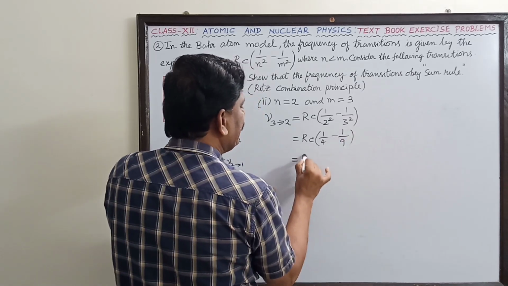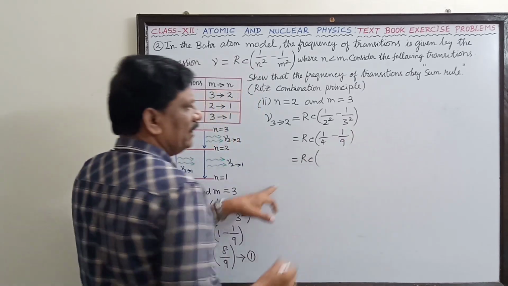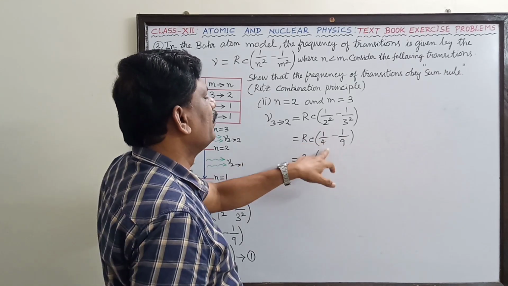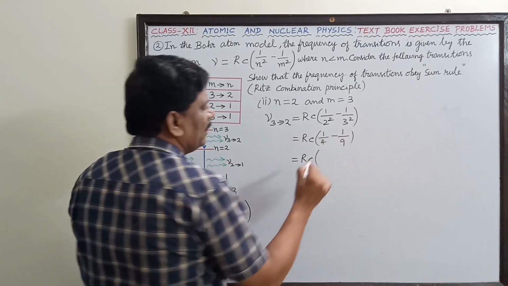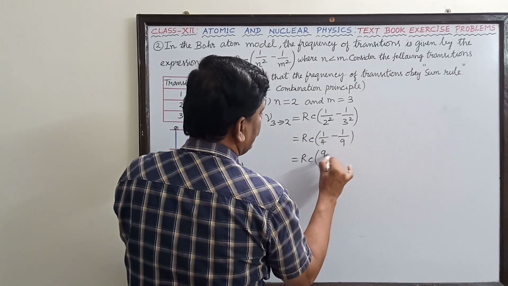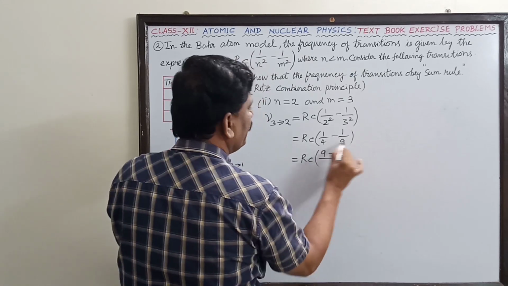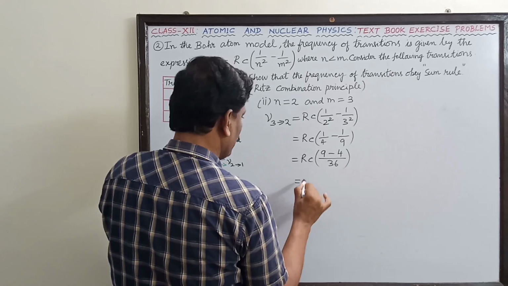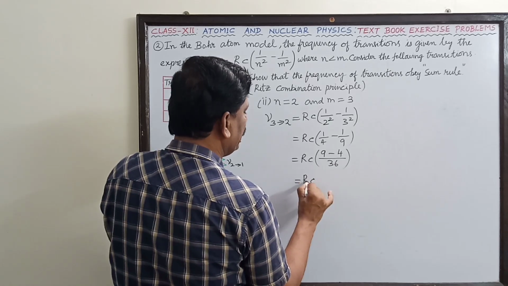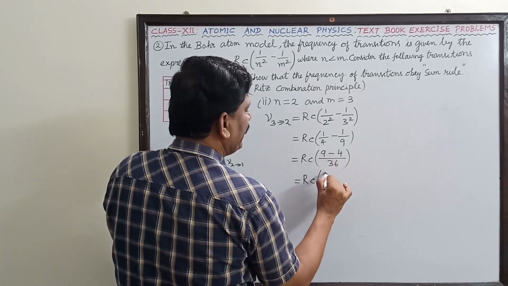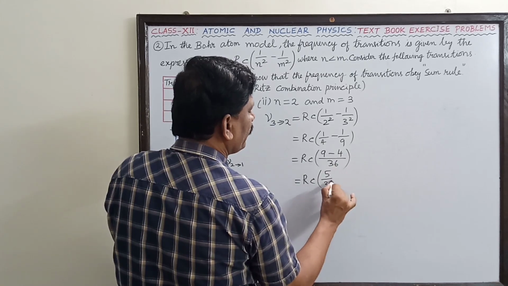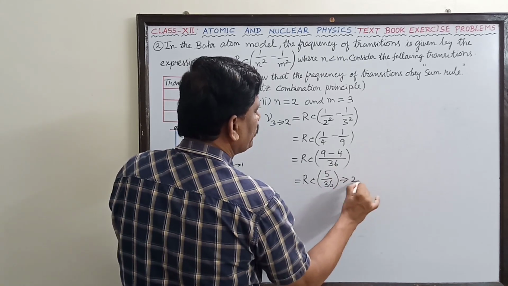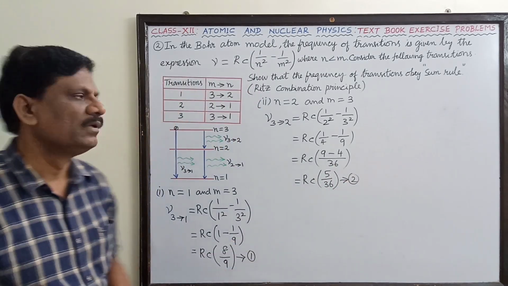Taking LCM, 9 minus 4 by 36. 9 4s are 36. So this is now equal to R into C into 5 by 36. So this is our equation number 2.